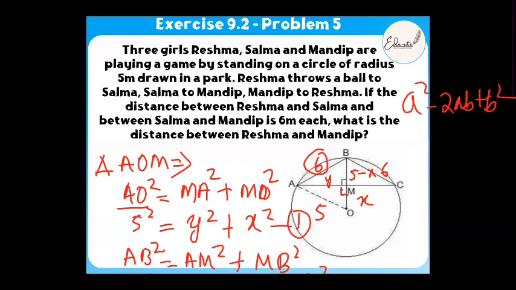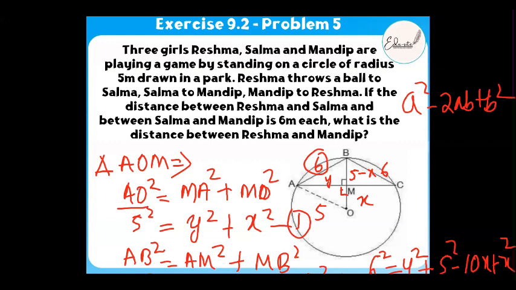Can we just split this out? 6 square is equal to Y square plus 5 square minus 2 into 5 into X, that is 10X, plus X square. Okay? Is it correct? Yes.